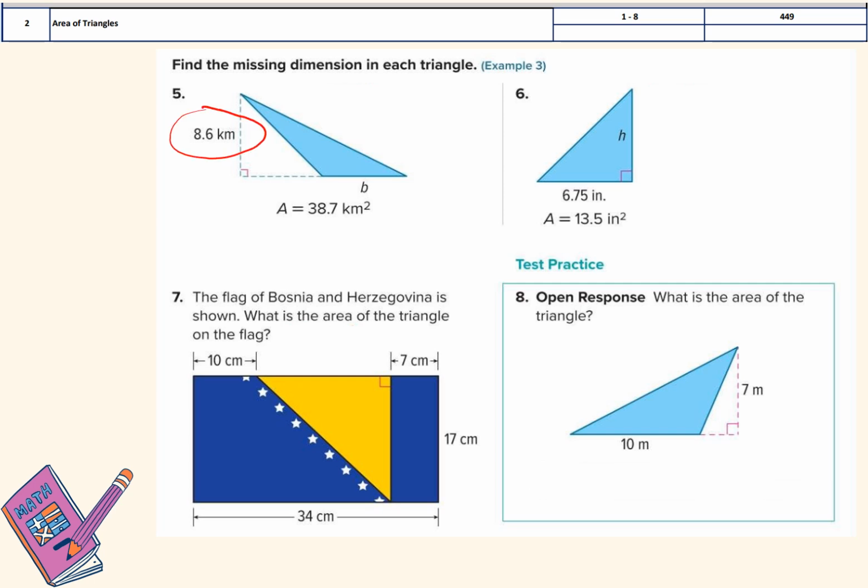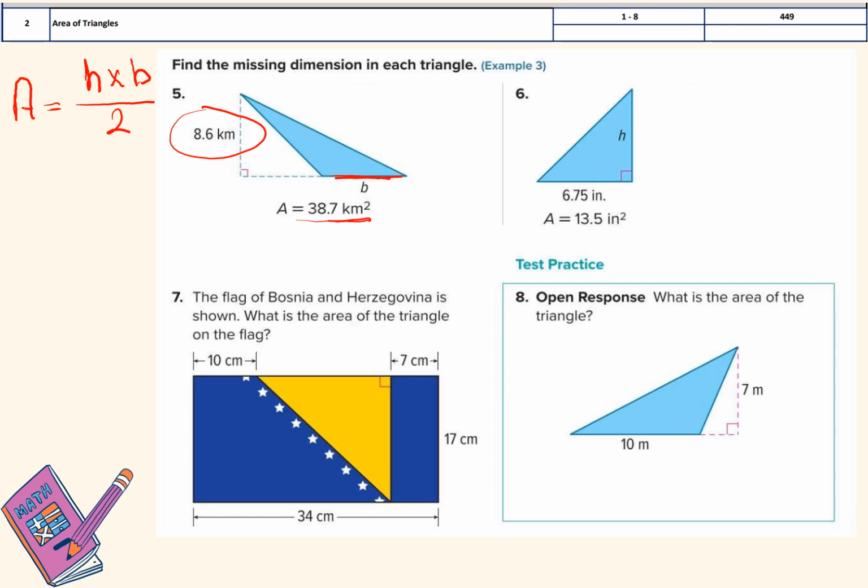The base is missing, and the area of the triangle is 38.7. I know that the formula of the area of a triangle is height times base over 2, or base times height over 2. Okay?